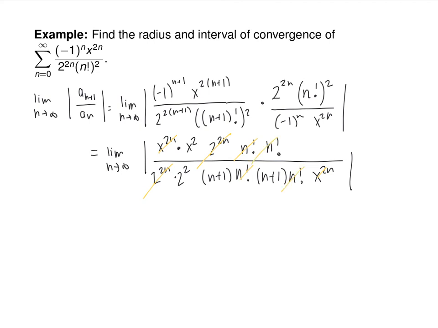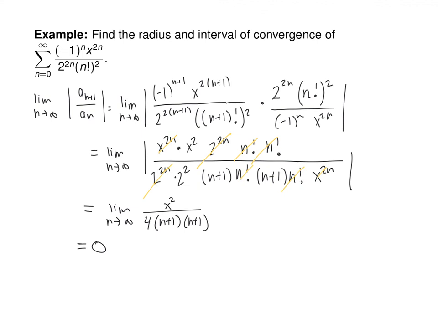and we are left with the limit as n goes to infinity of x squared over 4 times (n plus 1) times (n plus 1). And I could drop the absolute value bars there because x is squared and therefore always positive. Now notice that this limit is equal to 0 no matter what x is. X is always going to be a constant.